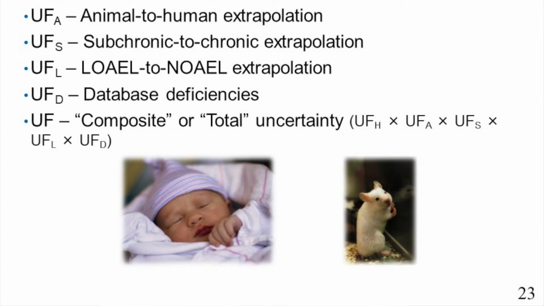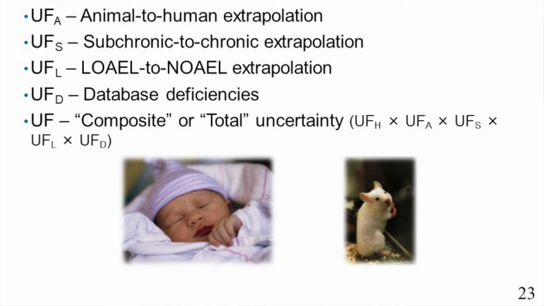So that is also ascribed an uncertainty, UFD, D meaning database. So the final composite or total uncertainty will be a multiplier of all these uncertainty factors: UFH, UFA, UFS, UFL, UFD.